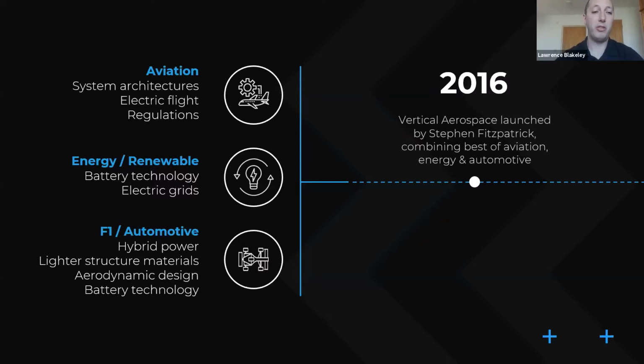So battery technology is really advanced in automotive, as well as motor design, inverter design, lightweight structures, crash capable structures is very much developed in the Formula One arena. So Stephen brought these different industries together and created Vertical Aerospace.